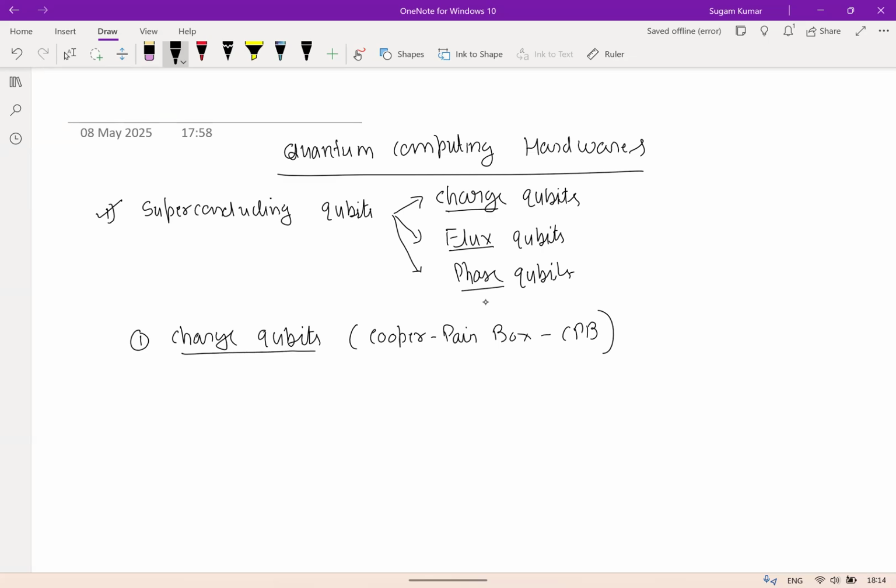This is what I will be discussing today in detail, but I'm just giving you an overview of how many different types of qubits exist in the superconducting category.